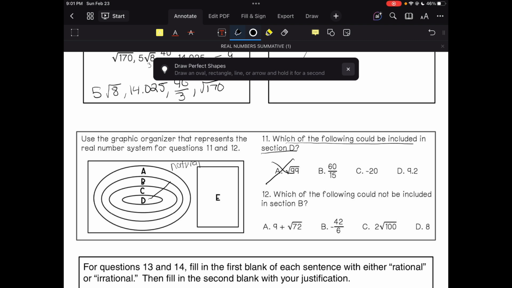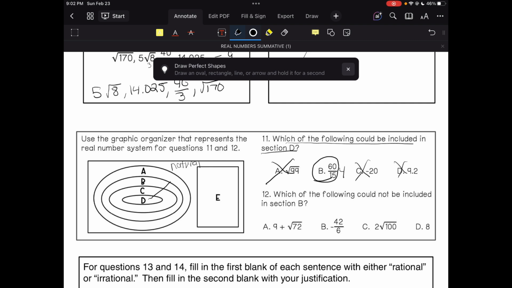It's not a perfect square. Negative 20 is an integer. 9.2 would be a rational number because it is a decimal that ends. So 60 over 15 can actually be divided into 4. So that's what makes it a natural number. 60 over 15 is 60 divided by 15, which is equal to 4.